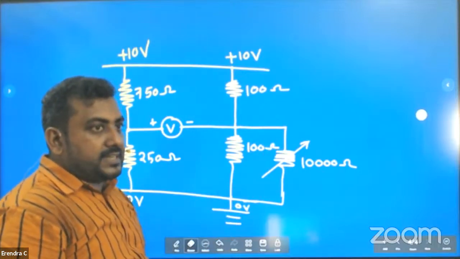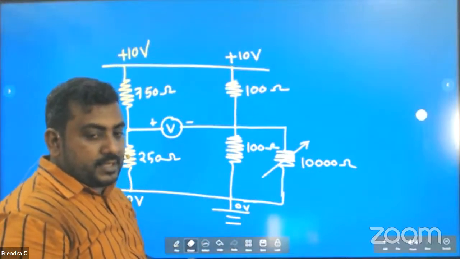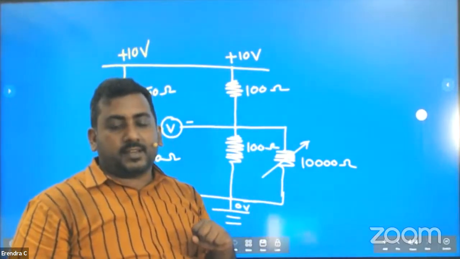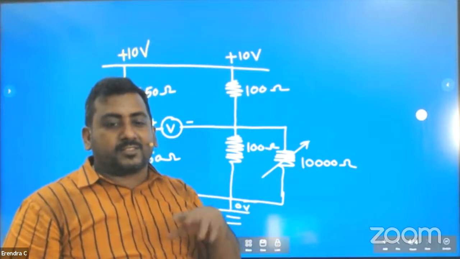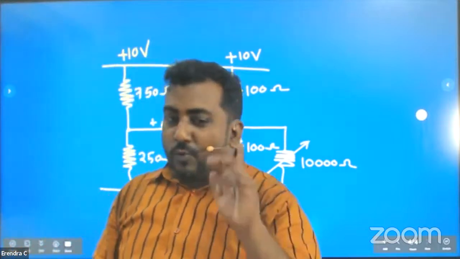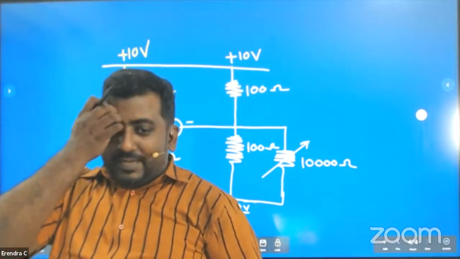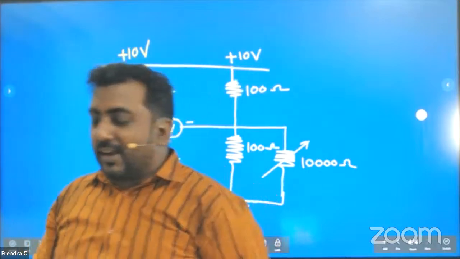Now, some of you will say, sir, let's find the effective resistance. This is MCQ, no? 1 over 100, 1 over 10,000. Who is bigger? 1 over 100 or 1 over 10,000? Quickly tell me.